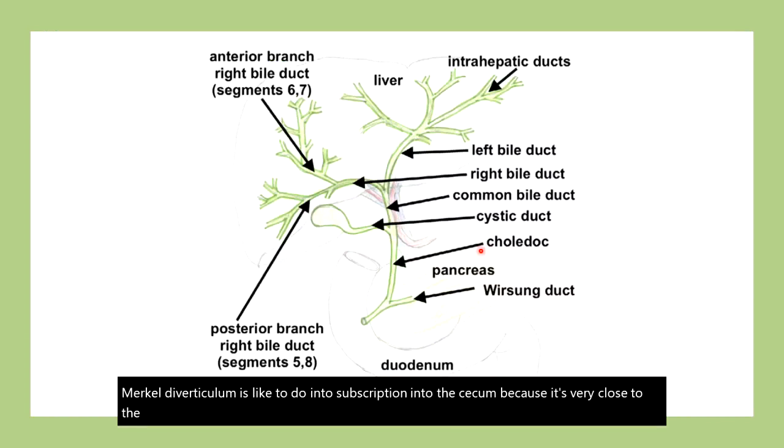Changing subjects, let's talk a little bit about the bile duct system. So we already told you that hepatocytes are going to produce bile acids and bilirubin, right? And the bile secretions are going to be stored in the gallbladder, right?